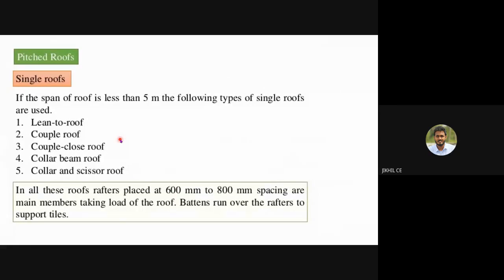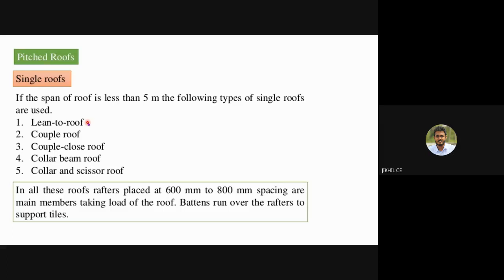The pitched roofs are most preferred if the span of the roof is less than 5 meters. If the span is less than 5 meters, we prefer the single roofs, which come under the pitched roofs.